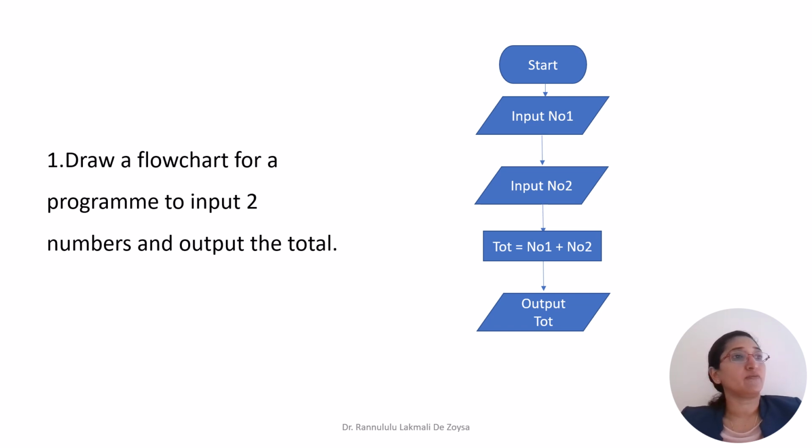Is that all that you have to do? Yes. It says draw a flow chart for a program to input 2 numbers and to output the total. Then what should be the next symbol? You have to have the end symbol, the terminal symbol with the statement end or stop.